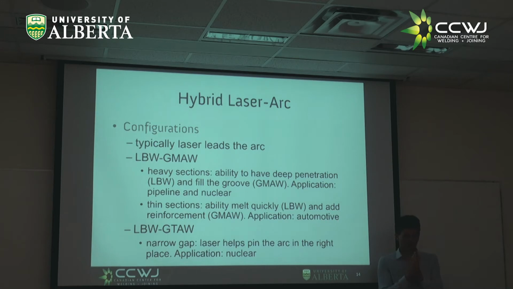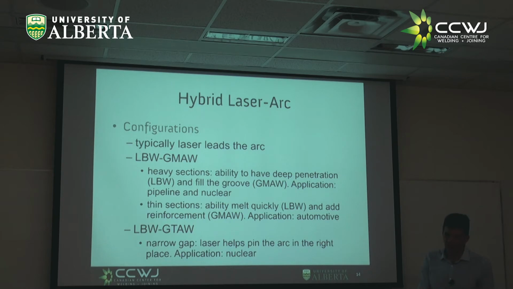So you get the best of both worlds: penetration of laser, gap bridging ability of MIG, right? This is often used for heavy sections, like pipeline or nuclear, although I lied. People propose this for pipeline, people do not use this for pipeline, but they would like to. For nuclear, yeah.